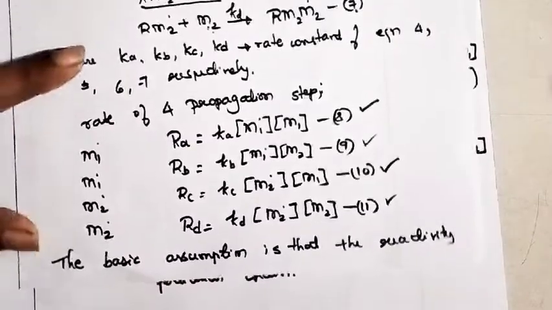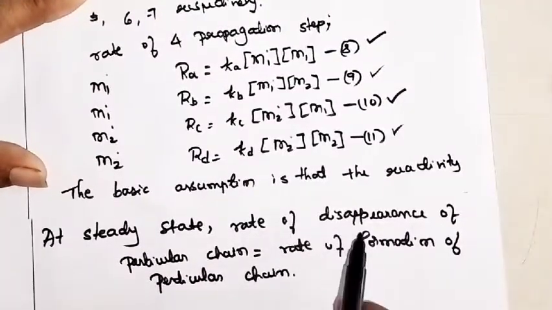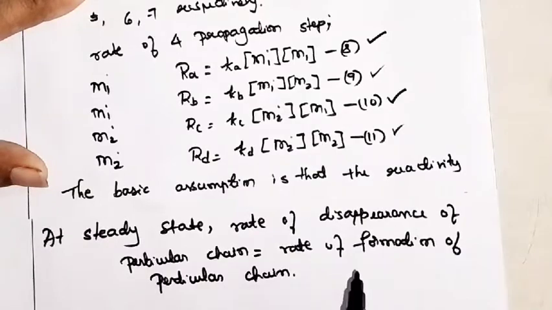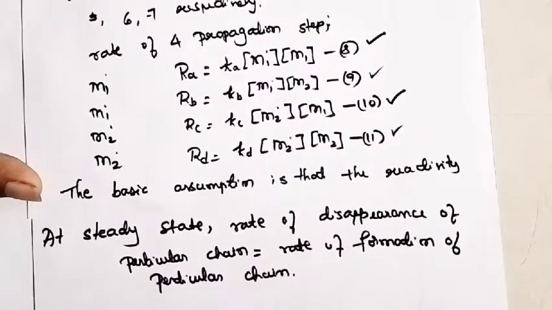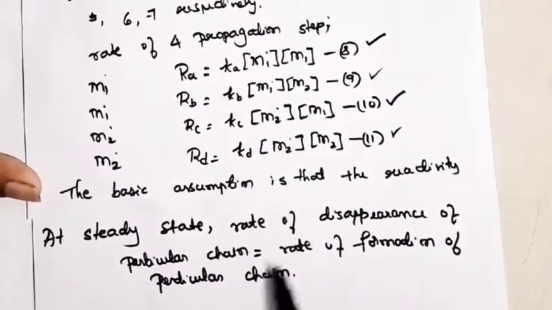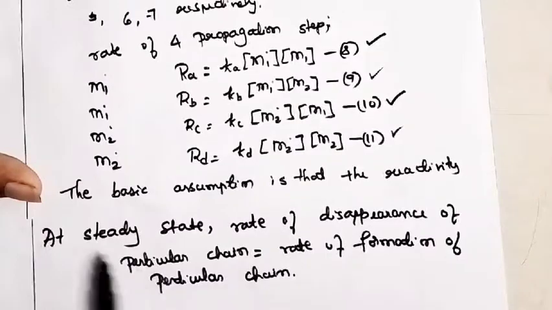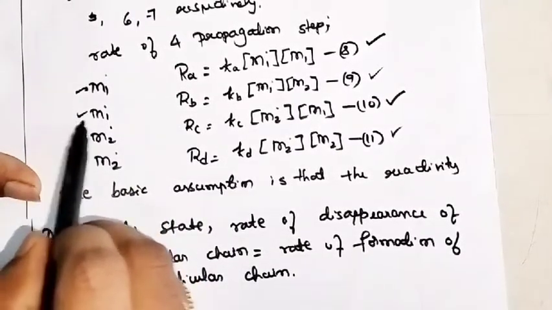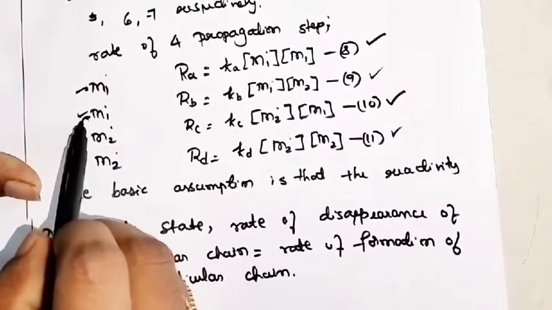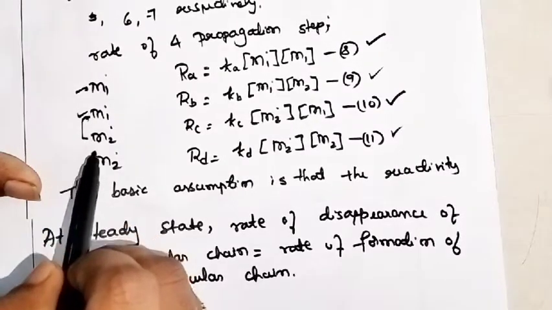Now can you tell, the rate of disappearance of a particular chain is equal to the rate of formation of a particular chain. Which free radical disappeared? Initially M1 free radical was there. Next also it is the same, but now here it disappeared and formed a different free radical, right?